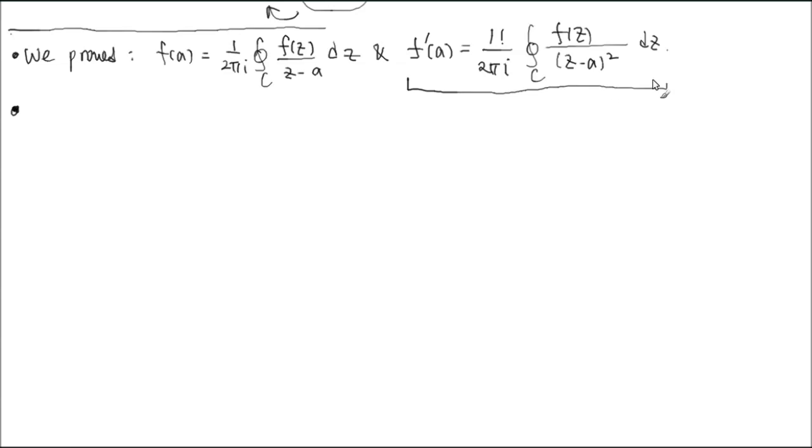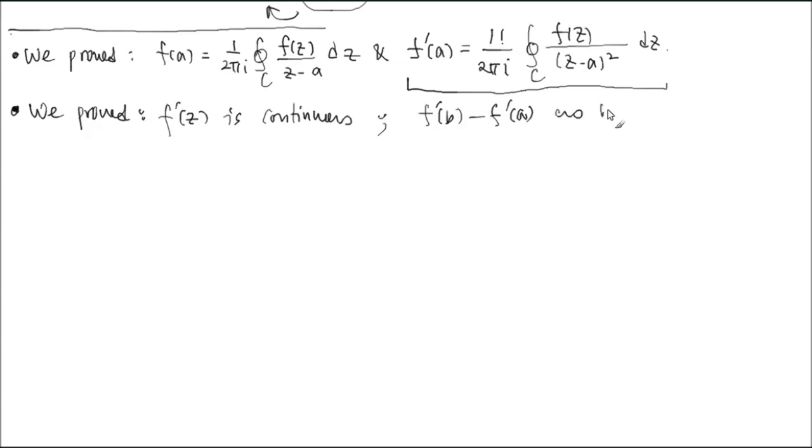Remember, we used this Cauchy's integral formula, and we proved last time that f prime of z is continuous. So we looked at f prime of b minus f prime of a as b approaches a. Remember that part? And we show that this one is approaching 0. What did we use? We used that.